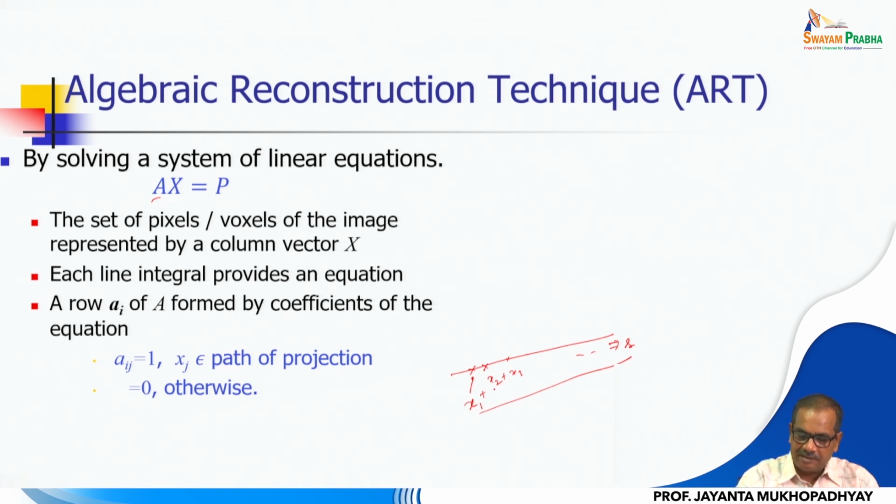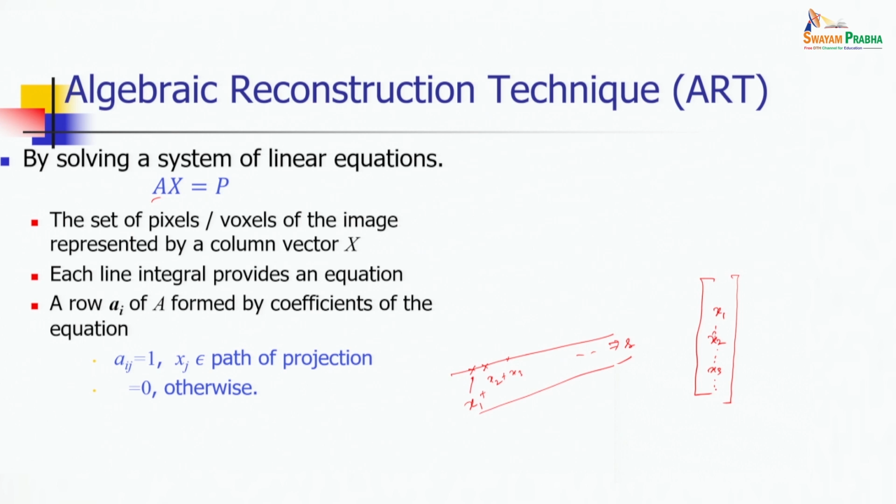If I represent these variables in the form of a vector, with certain positions x1, x2, x3 in the linearized form, then in the equation for this line integral there is a row which corresponds to it. The column denoting the position of x1 acts as an indicator function, and there it would be 1.